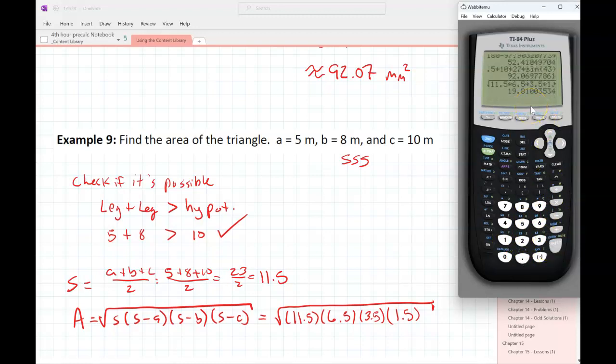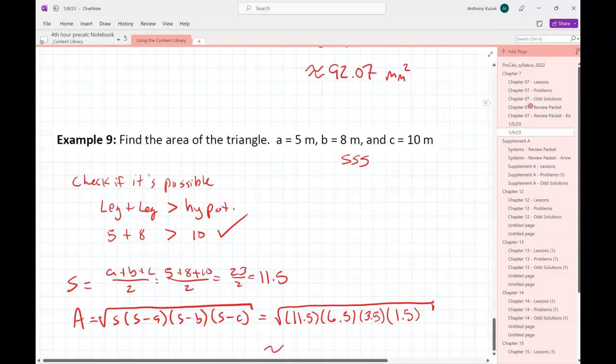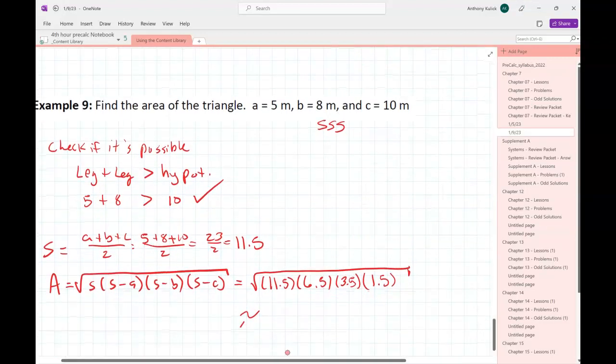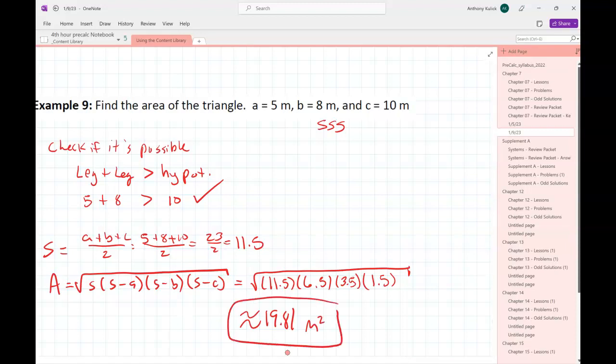So I get 19.81. And what should the unit be on this? Meters squared. These area ones are pretty nice, right? Real easy.